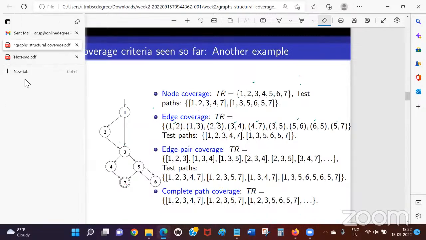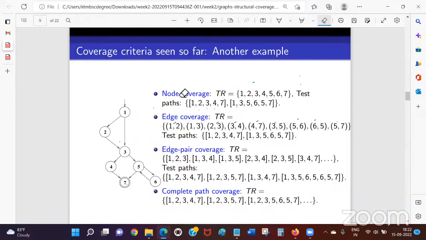So let me draw it quickly. 1 to 2, and 1 to 3.